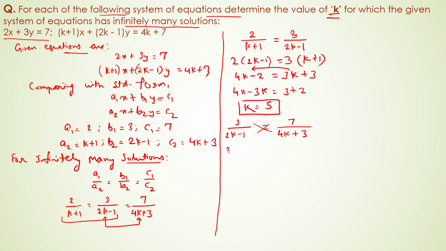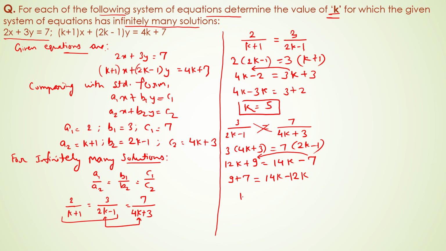So after cross multiplying, we get 3 times (4k plus 3), that means 12k plus 9 equals 14k minus 7. Here shifting 7 towards the left hand side, we get 9 plus 7 equals 14k minus 12k.